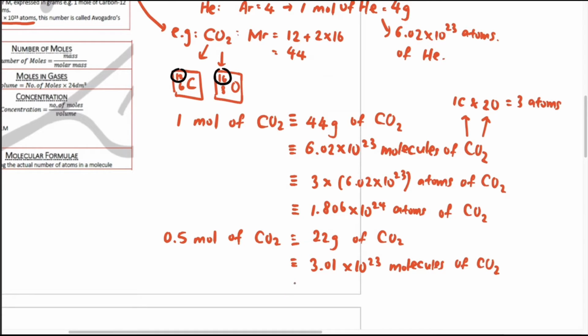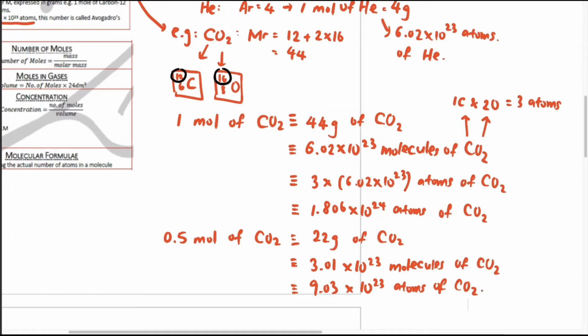So how many atoms are there? Times 3. 9.03 times 10 to the power of 23 atoms of carbon dioxide. So that's how we interrelate between the mole, the mass, and the number of molecules, and hence number of atoms.